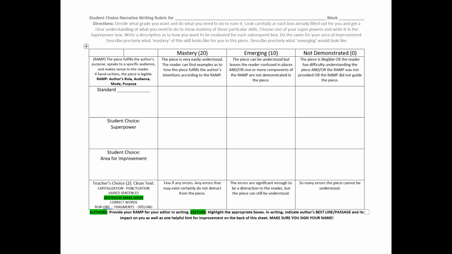The standards that you're teaching, they'll change from time to time. So I've left that second row open so that you can fill in all of the information for what you want to see as far as mastery as opposed to emerging, for whatever standard you're teaching to the whole class. All right, so you can fill that in.